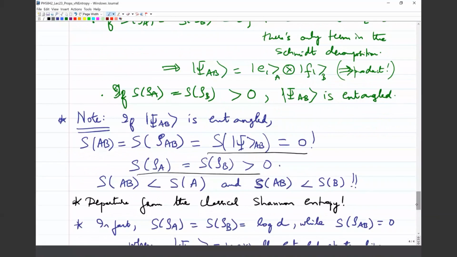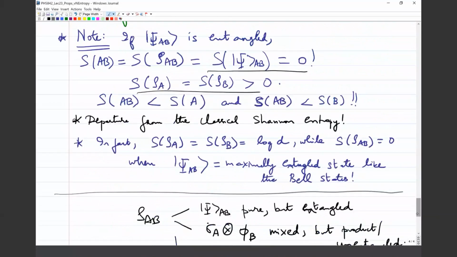And this is what happens when you have a maximally entangled state. So this is why we say that entanglement is a situation where you are more certain about the whole. You have more information about the whole than about the parts. Somehow when you take out the parts, your uncertainty just becomes more. In fact, it can even be maximal, all the way up to log D, right?